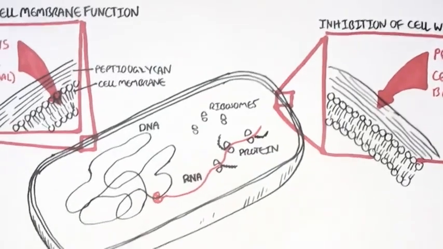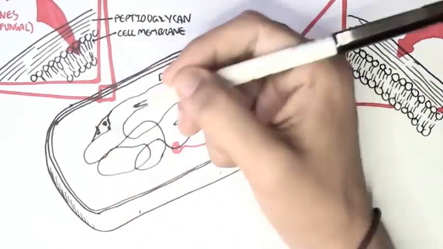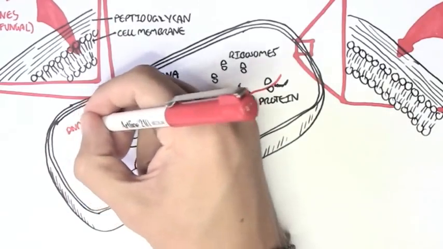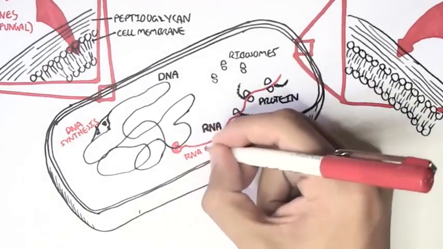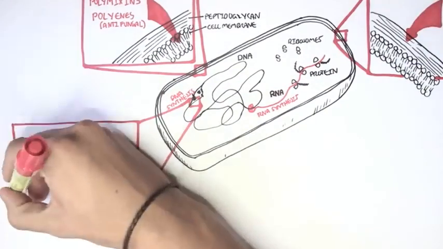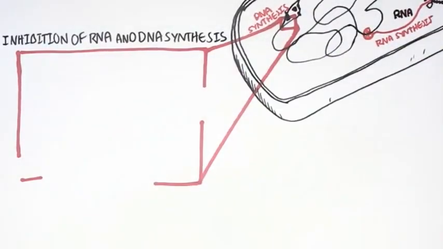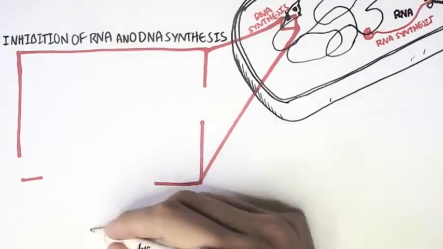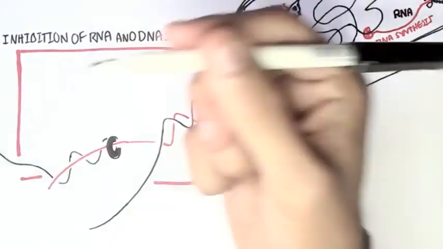The next type of antibiotic class is the ones that can inhibit DNA synthesis here, or what's occurring here, RNA synthesis. So these antibiotics will inhibit RNA and DNA synthesis. Here the bacteria are typically having DNA replicated, of course, like so.